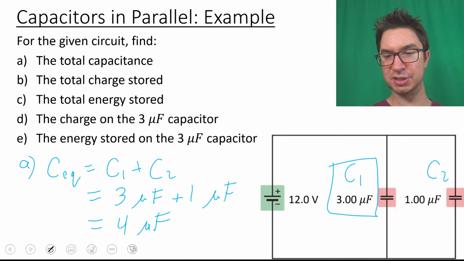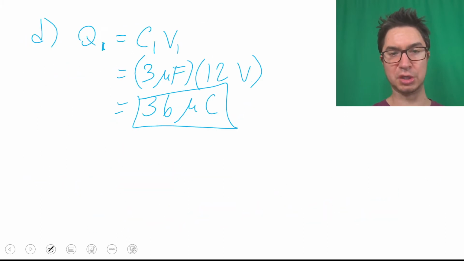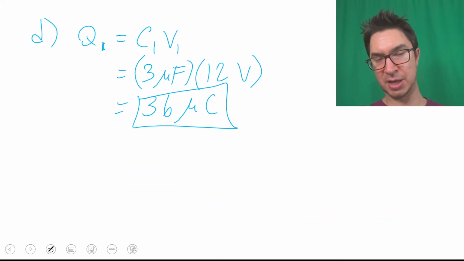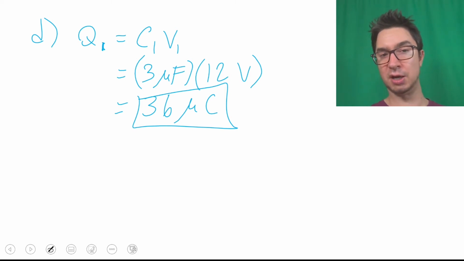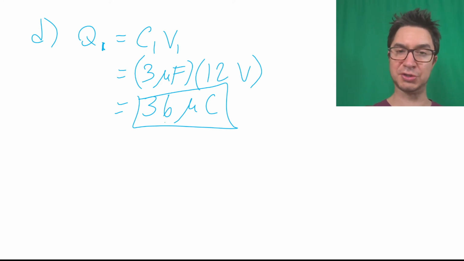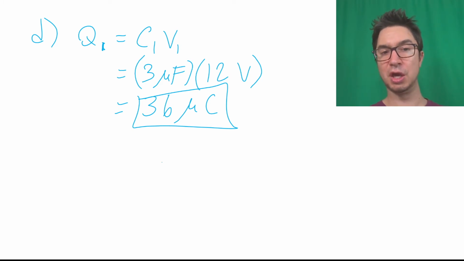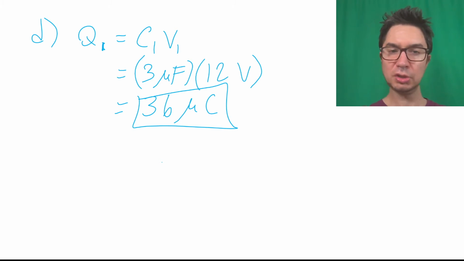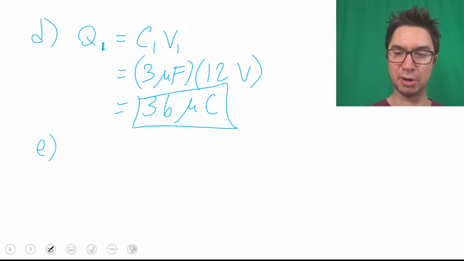So more capacitance means we can store more charge. So whereas capacitor C1 gets 36 microcoulombs of charge, we would find, obviously, that charge Q2, or the charge stored on the second capacitor, would be the difference between 48 and 36, which is 12 microcoulombs. But anyway, let's take a look at part E here.